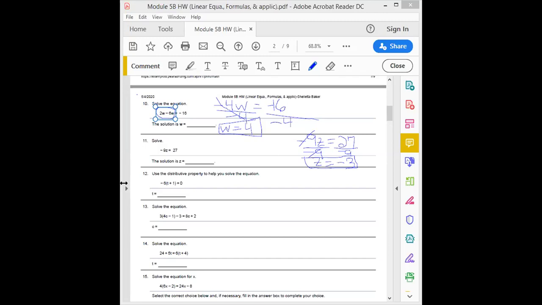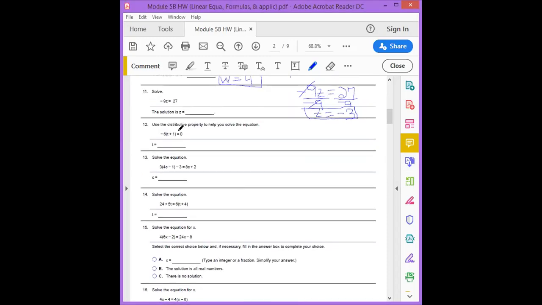For number 12, we have to distribute here. We have -6 outside the parentheses, and inside the parentheses, t plus 1. Close the parentheses, and it's all equal to 0.